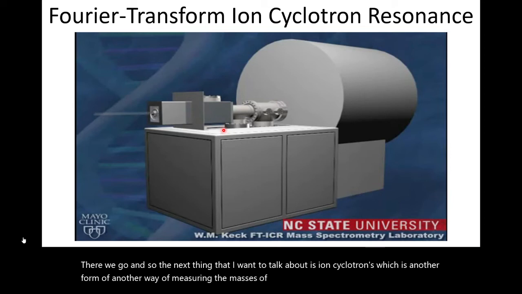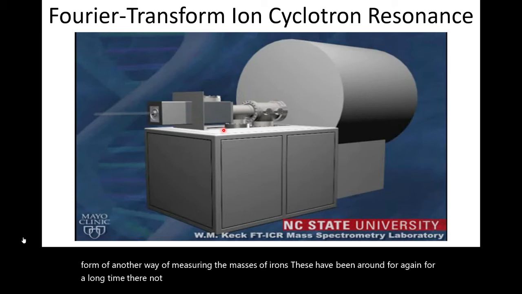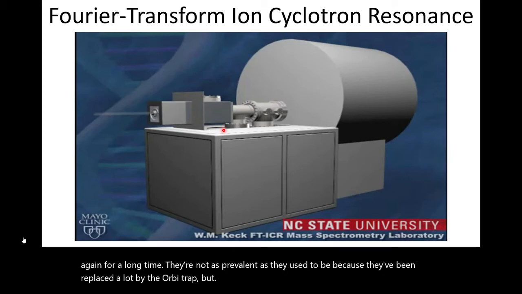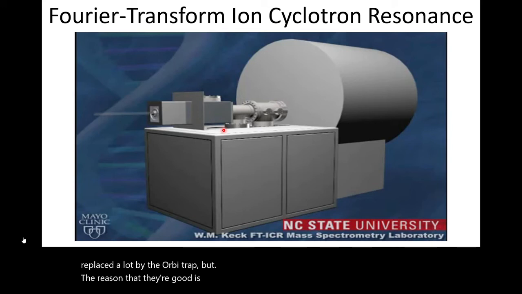These have been around for a long time. They're not as prevalent as they used to be because they've been replaced a lot by the Orbitrap. But the reason that they're good is because they provide extremely high mass resolution.